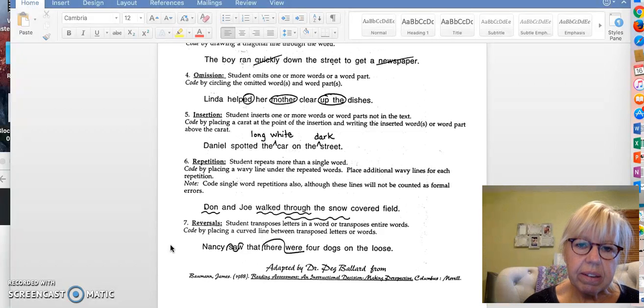If it doesn't, then it's something we want to look at and monitor and take a little bit more seriously. But most students will outgrow those. Okay, these are the seven items that you're going to actually code and use as the miscues in your count when you figure out the student's word recognition percentage.